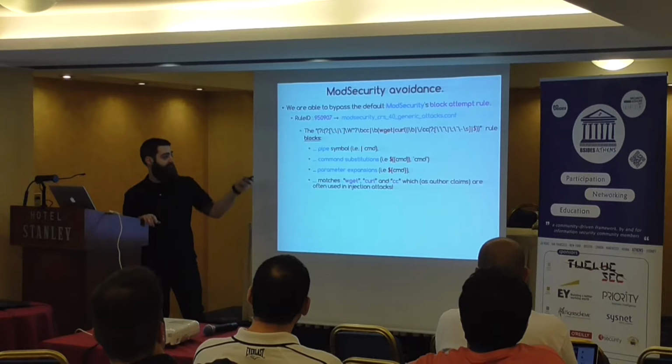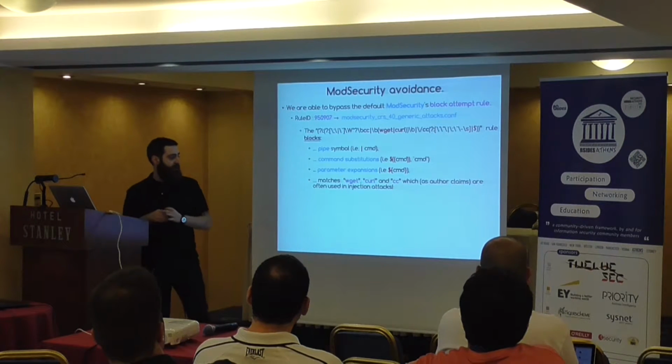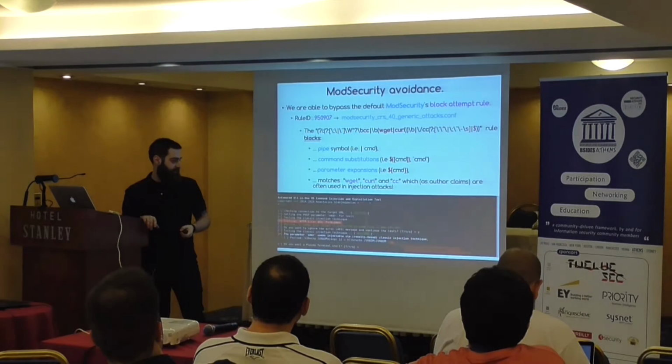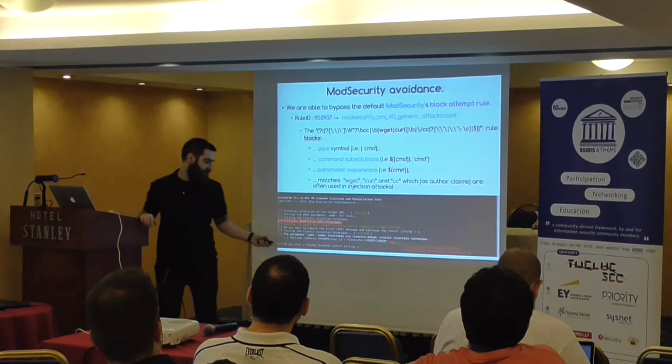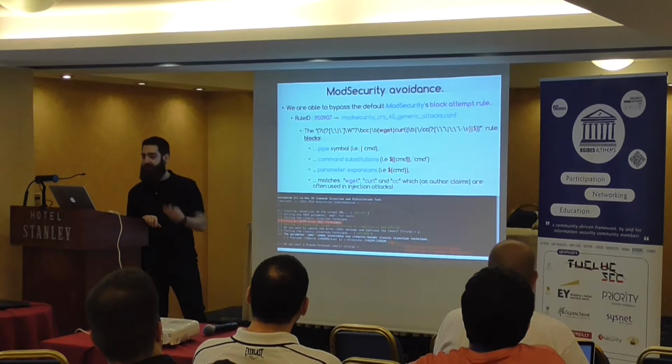This rule blocks the pipe symbol, command substitutions, parameter expansions, and matches duplicate kernel commands, which, as the author claims, are often used in order to perform injection attacks. But as you can see here, the payload has properly transformed into this form in order to bypass ModSecurity's block attempt.